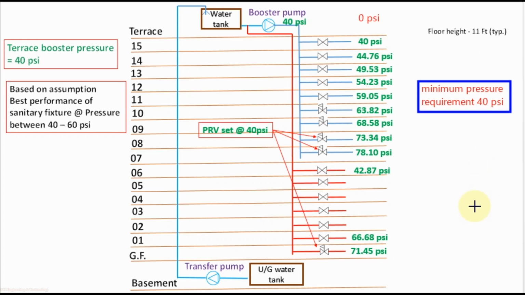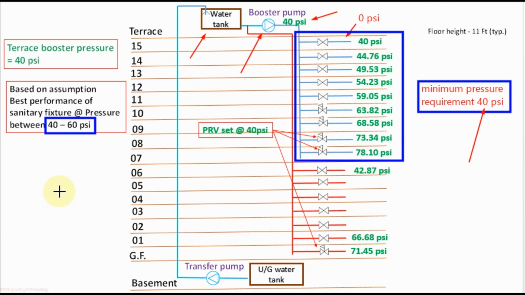As our minimum pressure requirement for the branches is 40 psi, if we use the rooftop water tank to supply water to the building by gravity, the top floor pressure will be 0 psi. So for the top floors that are getting pressure less than 40 psi, we will use a separate piping network, and in this piping network we will use a small booster pump having pressure as per the minimum requirement, that is 40 psi.